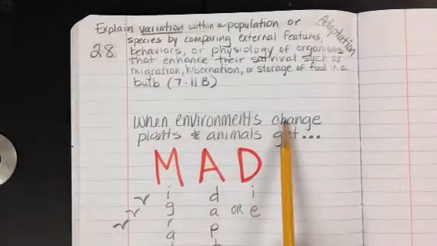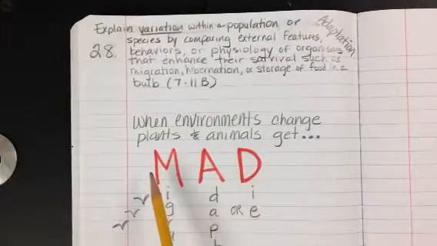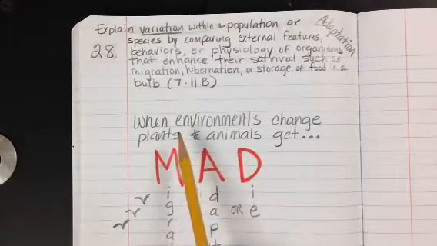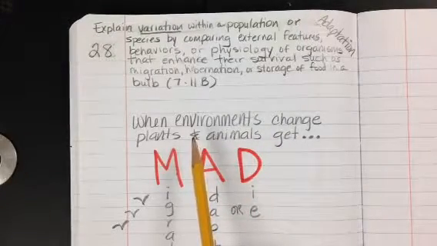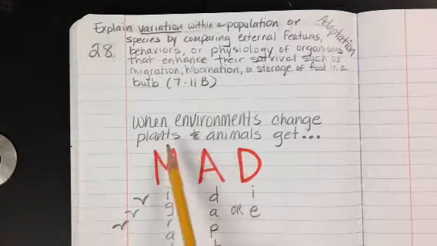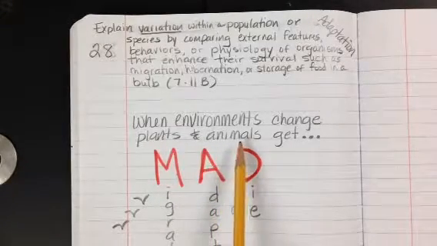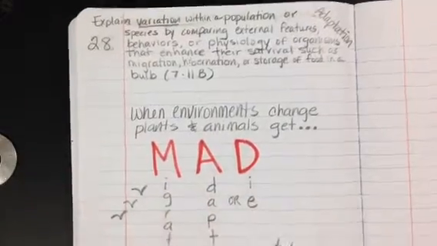When environments change, plants and animals get, and we're going to write down, mad. When environments change, when you have a big shift in the environment, in the ecosystem, the plants and animals have the following options. Okay? So they're going to get mad. They're going to pick one of these three.